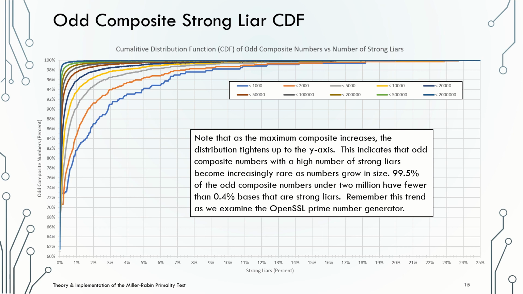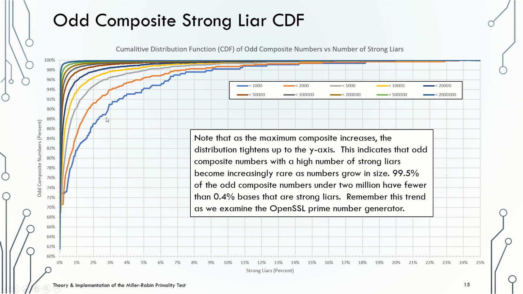This is a cumulative distribution function, and again, the takeaway here is what percentage of numbers less than or equal to a specific number, as a percentage, is less than this number on the x-axis of strong liars. So, for example, at 2 million, 99.5% of the odd composite numbers under 2 million have fewer than 0.4% bases that are strong liars.